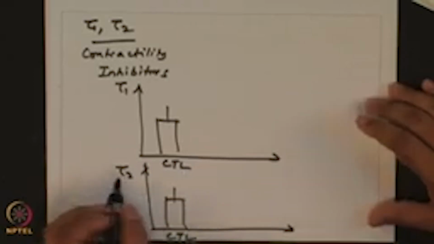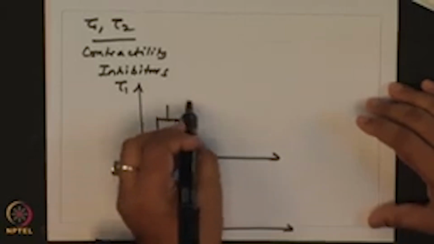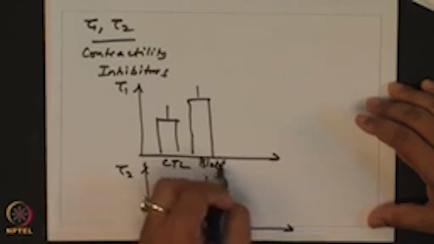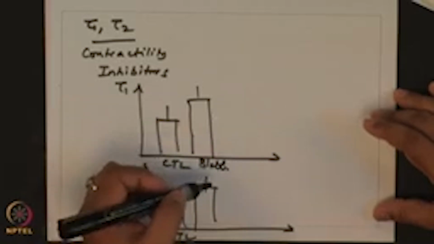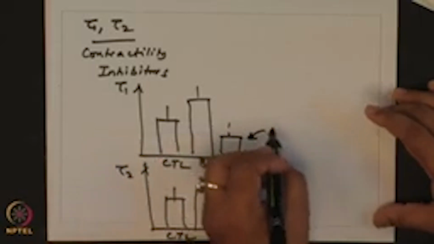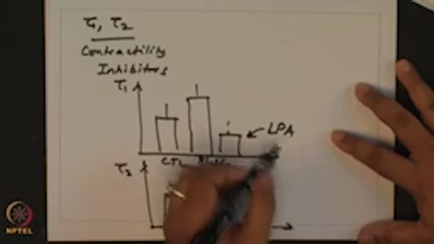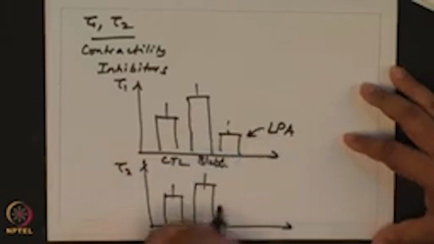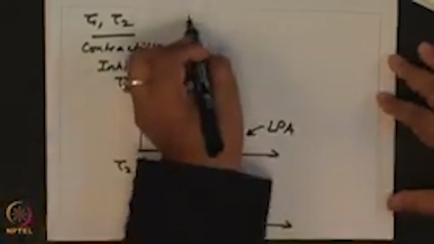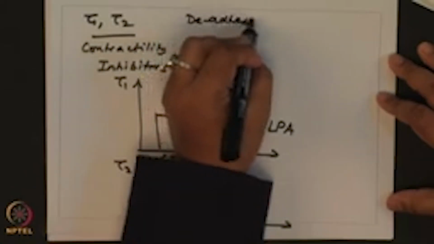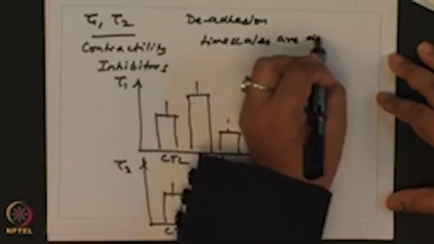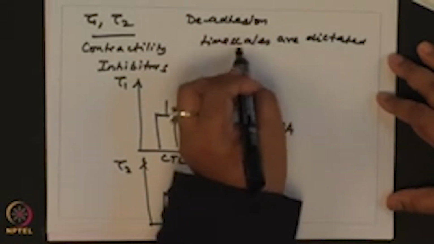When I treat them with drugs like blebbistatin, which inhibits contractility, both these time constants tend to increase. Again, when I treat with drugs which promote contractility, let us say lysophosphatidic acid, which promotes the Rho-ROCK pathway, then you see both tau values decrease. In other words, de-adhesion time scales are dictated by contractility.